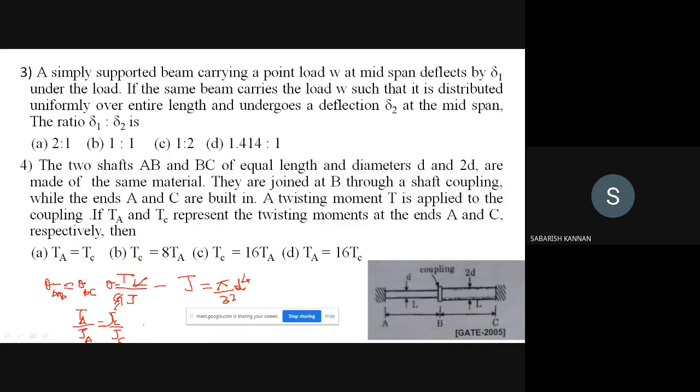Instead of J, we put pi by 32 d power 4.